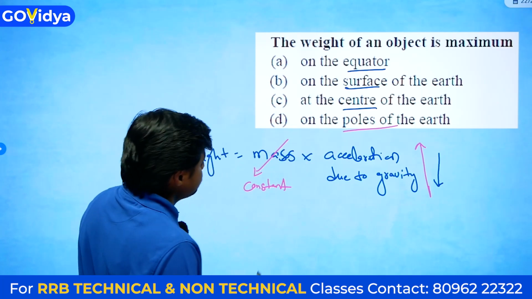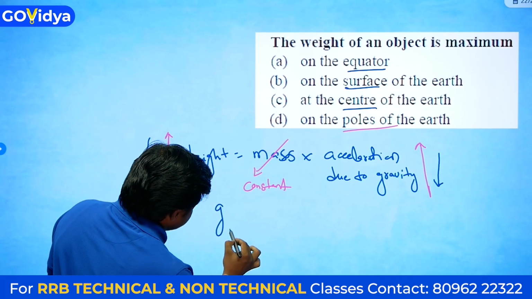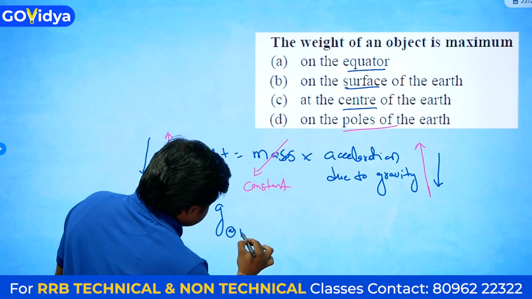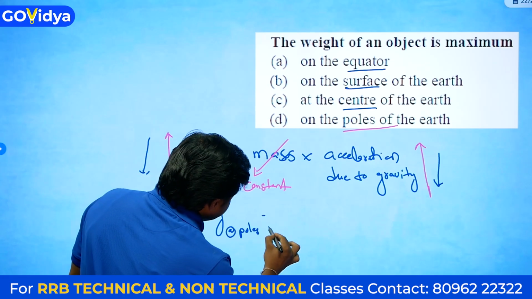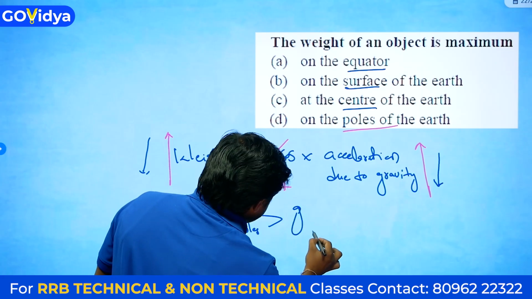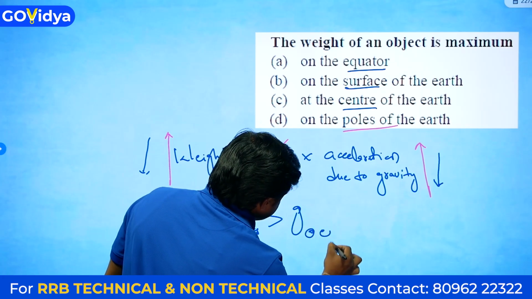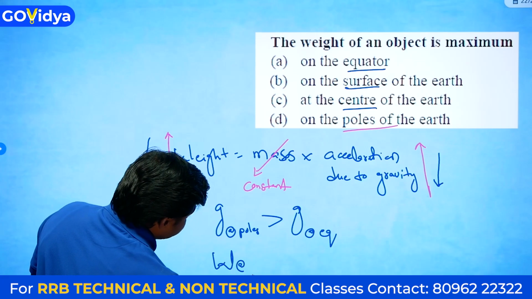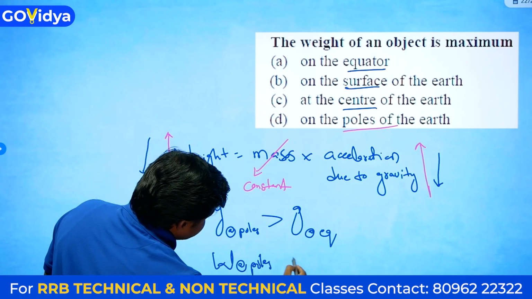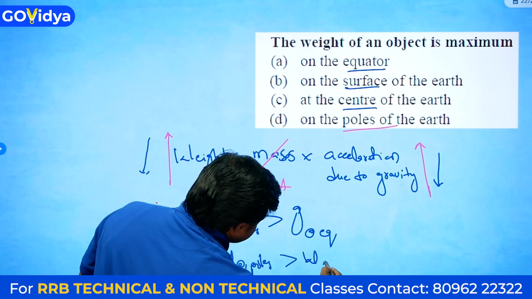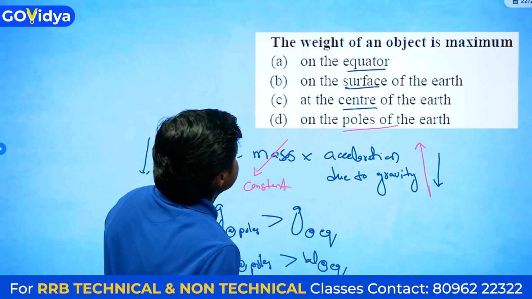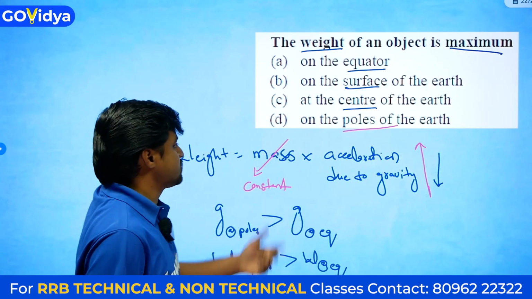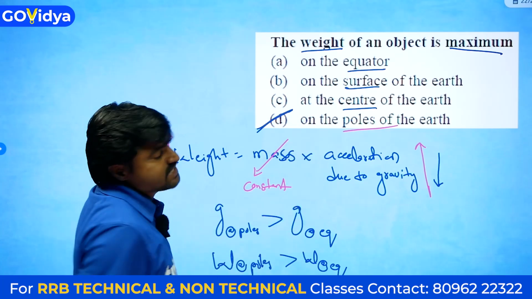Acceleration due to gravity at poles is greater than at the equator. Similarly, weight at poles is greater than weight at the equator. The weight of an object is maximum on the poles of the earth.